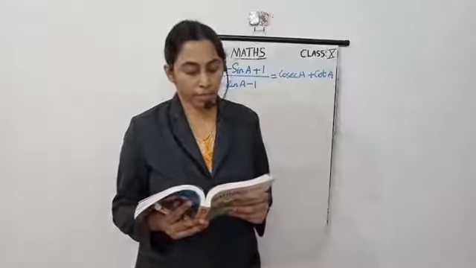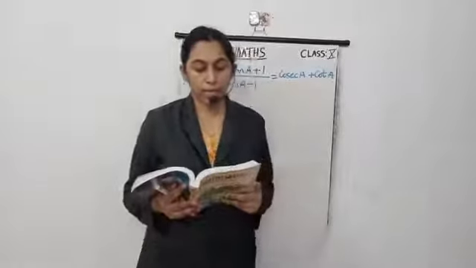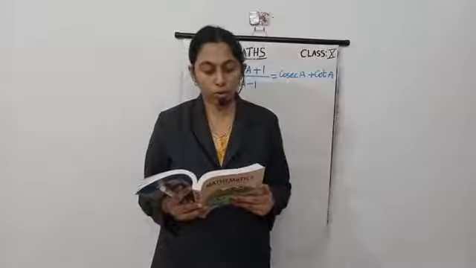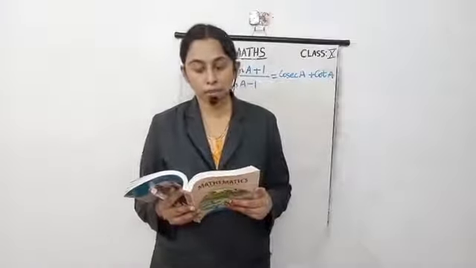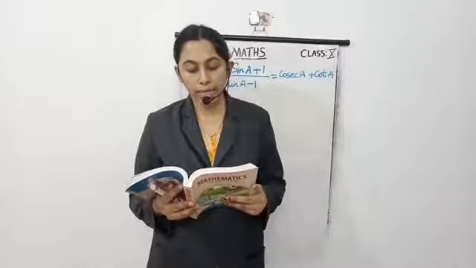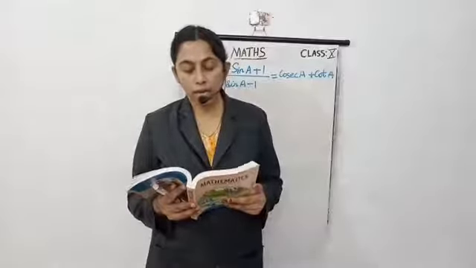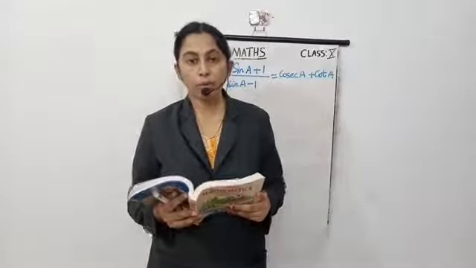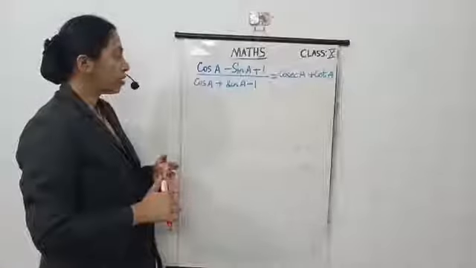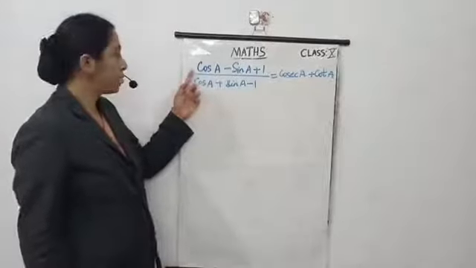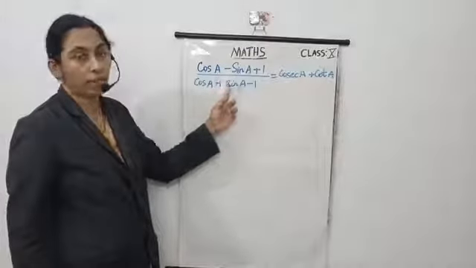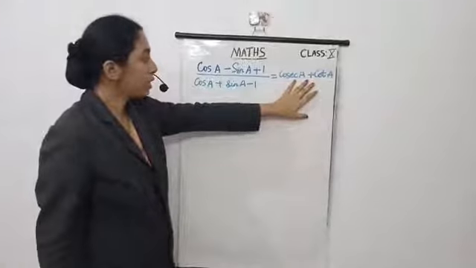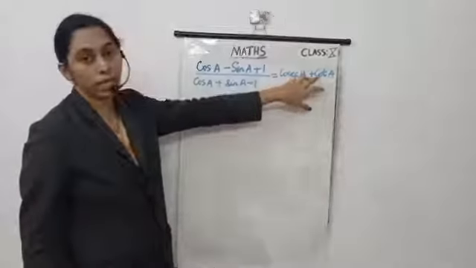Now question 5. (cos A minus sin A plus 1) by (cos A plus sin A minus 1) equal cosec A plus cot A. Using the identity cosec square A equal 1 plus cot square A. So here the question LHS is in terms of cos and sin, and here RHS is in terms of cosec and cot.